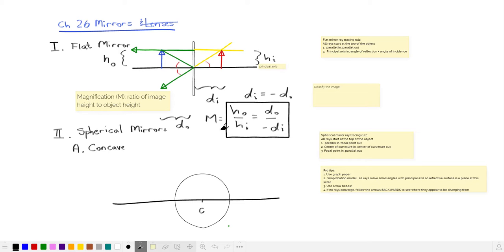Oh my god, I got this totally backwards. Epic fail. This ratio is right, but I should have just left it like this. It's 1 over M. Okay, let's do the image height over the object height, and the image distance over the object distance.